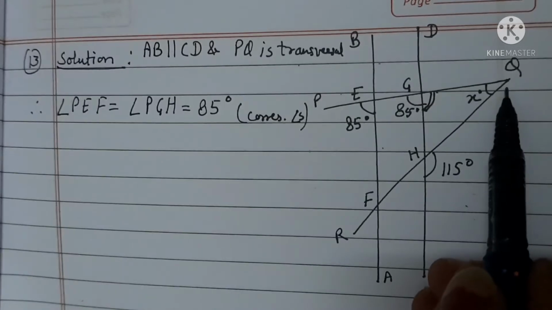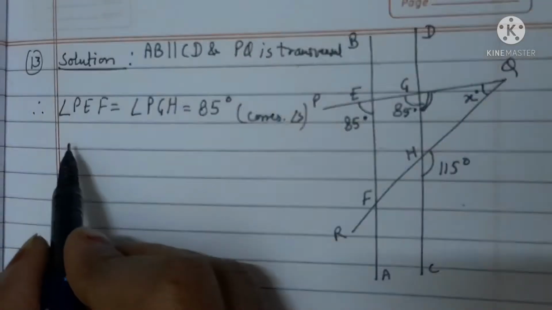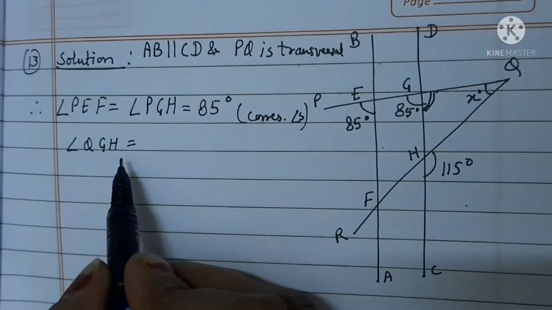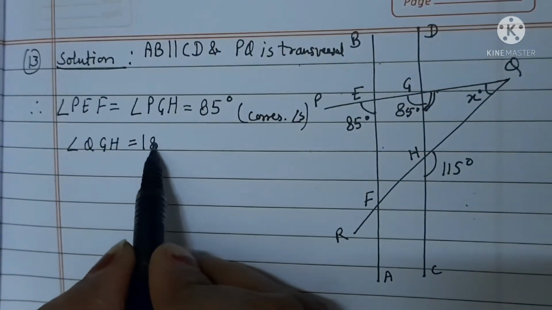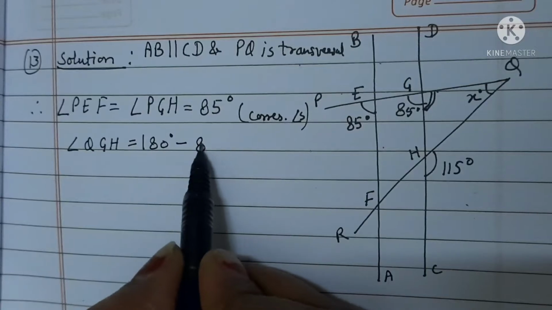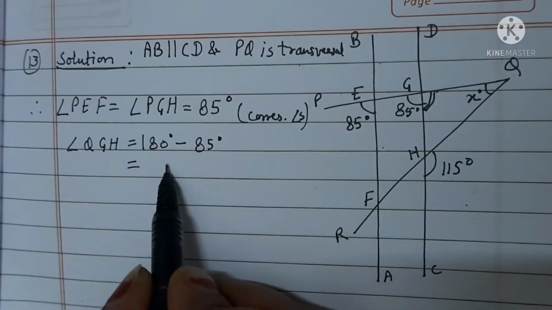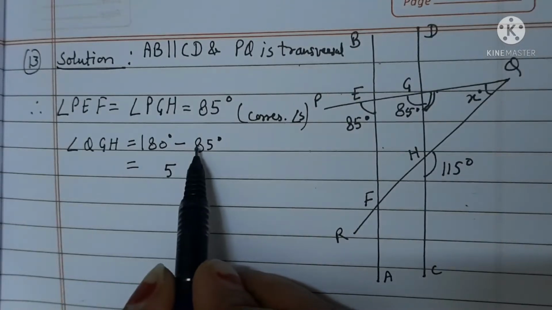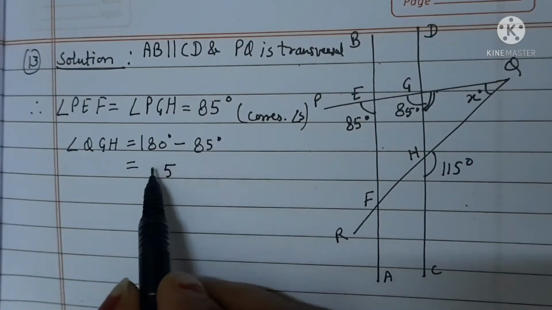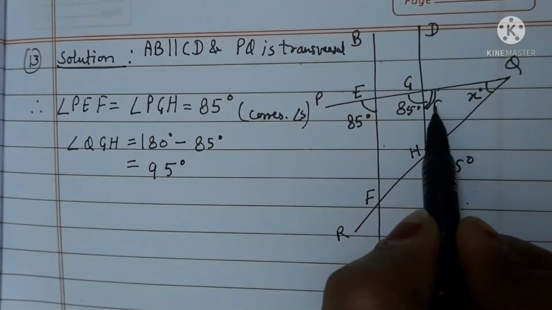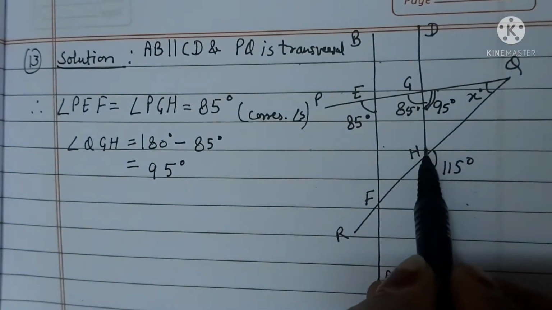So write angle QGH is equal to 180 degrees minus 85 degrees. Subtract it: 10 minus 5 is 5, 17 minus 8 is 9, so 95 degrees.